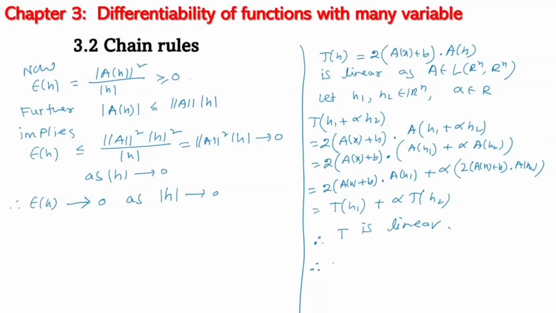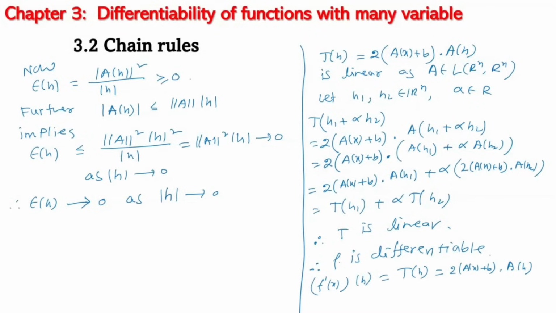So finally we conclude that f is differentiable. And f dash x on h, as T is the linear function, is equal to (Ax plus b) dot Ah.